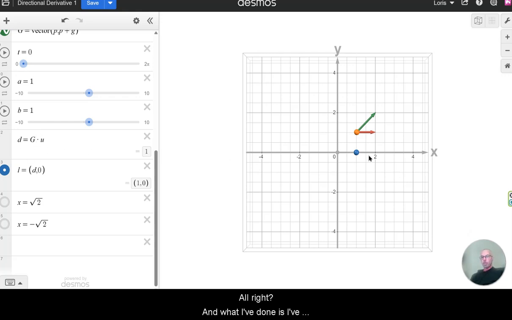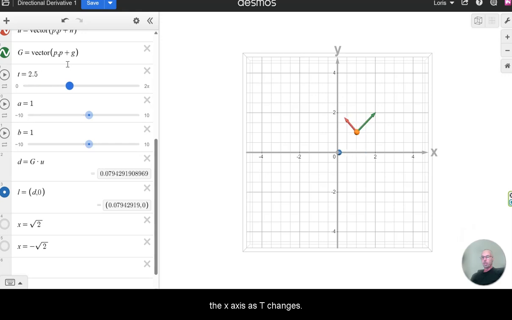I've made it so that the actual value of the directional derivative is these numbers on the x-axis. So what I did was I said g dot u, which is the gradient vector dotted with u, and then I let L be d comma 0, so that it just goes along the x-axis as t changes.